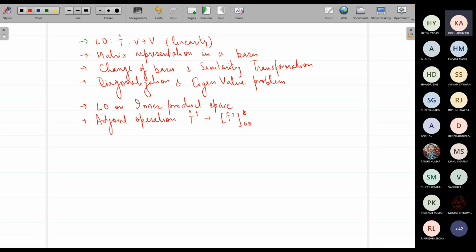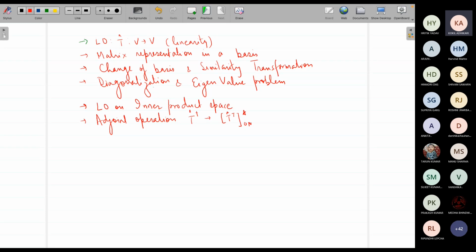Then we went to change of basis and the similarity transformation to see that we can represent the same linear operator by different matrices which are related through similarity transformation. The change of basis matrix in that context becomes very useful. Then I discussed diagonalization, that there exist an eigenbasis and the eigenvalue problem, and we have certain advantages of working with it.